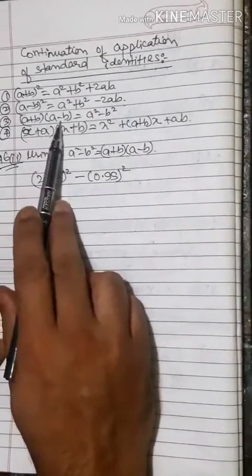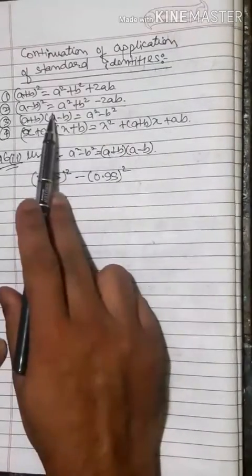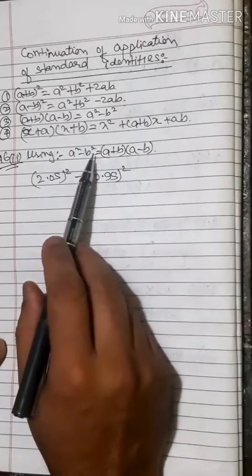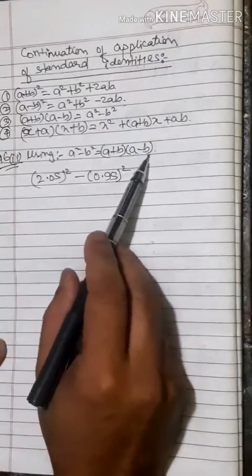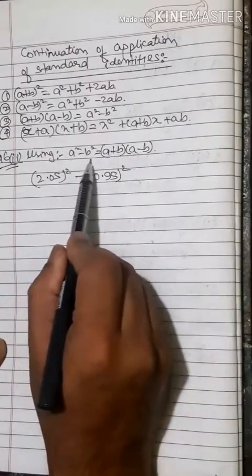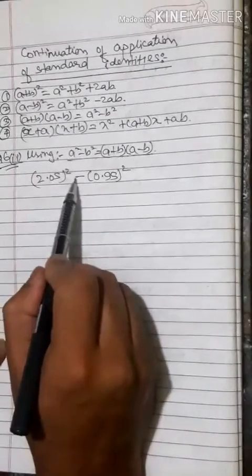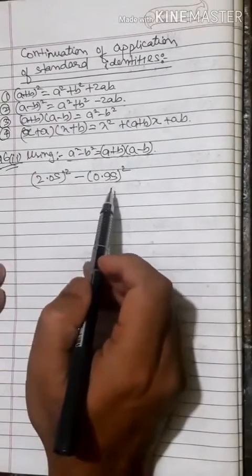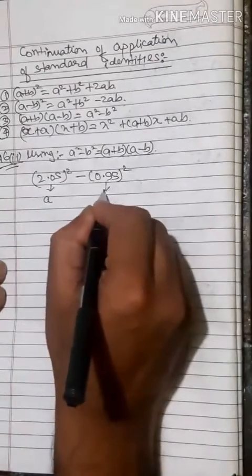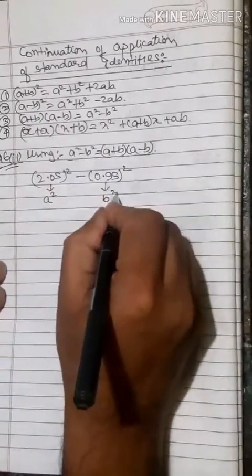We see that we have written the identity in the reverse order. (a plus b) multiplied by (a minus b) is equal to a square minus b square, but the converse is also true. That means the reverse can also be written: a square minus b square is equal to (a plus b) multiplied by (a minus b). Let us see how we will use this identity. Here 2.05 takes the value of a, and 0.95 takes the value of b, so this is our a square and b square.